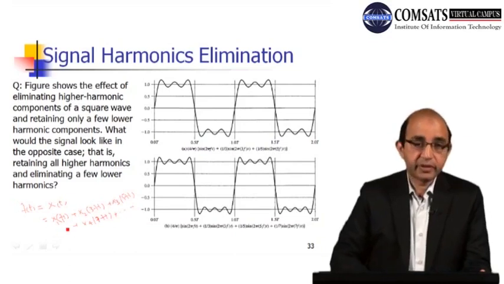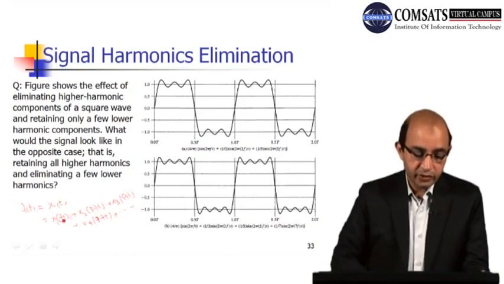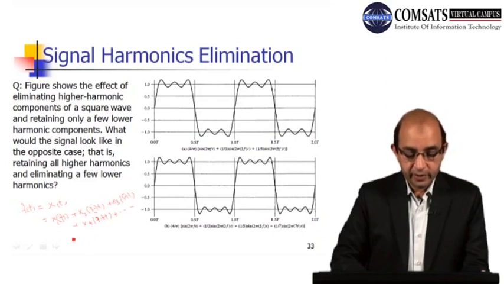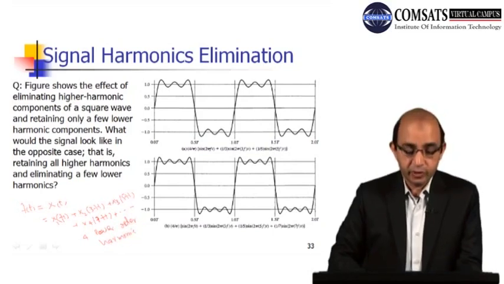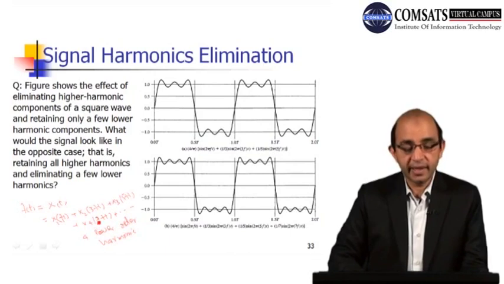So what I normally do is take those four lower order harmonics, and I will ignore the rest of the harmonics because most of the energy is contained within those frequency components.